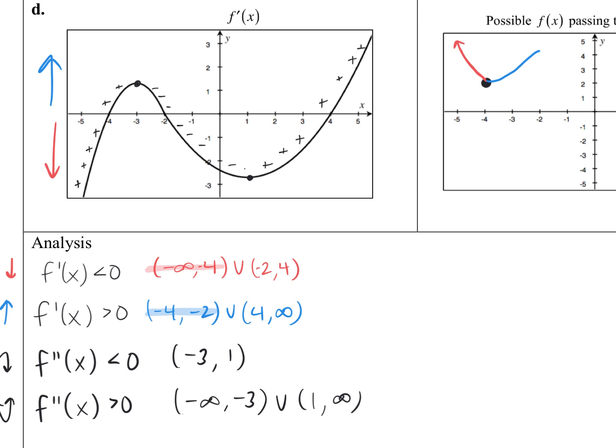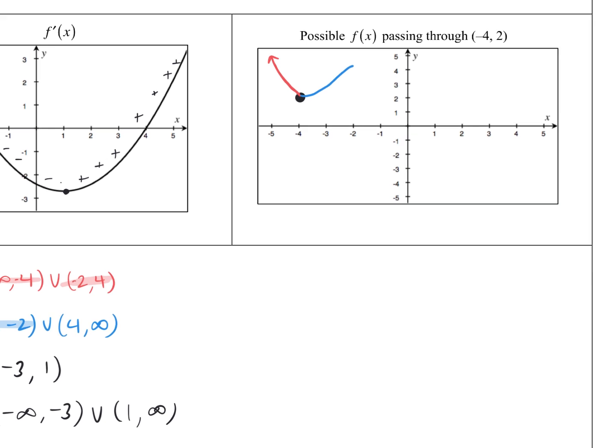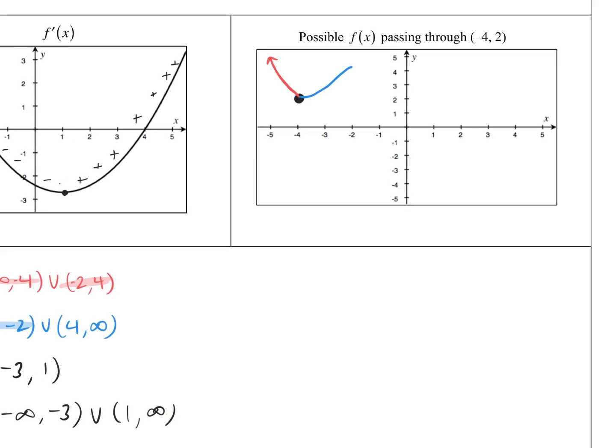Okay. And then at negative 2 to 4, we are decreasing, right? So negative 2 all the way to 4, we are decreasing. So I could go to that point, or it doesn't mean exactly at 4, 0. I could go all the way down here if I wanted to, where 4 is down there.